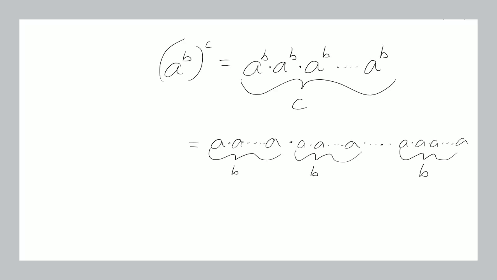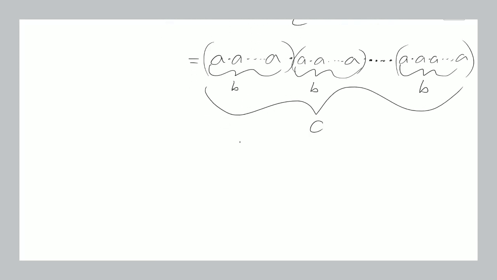So we have a bunch of these sets of b a's, okay? How many of those sets do we have, right? And we can put brackets around them if we want, right? How many of those sets of b a's do we have? We have c of them. Okay, so we have c sets of b a's.